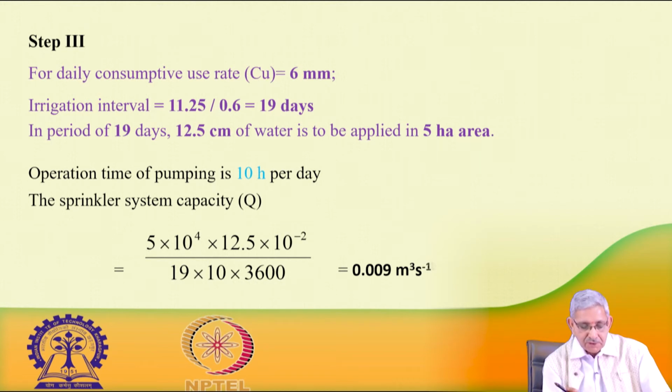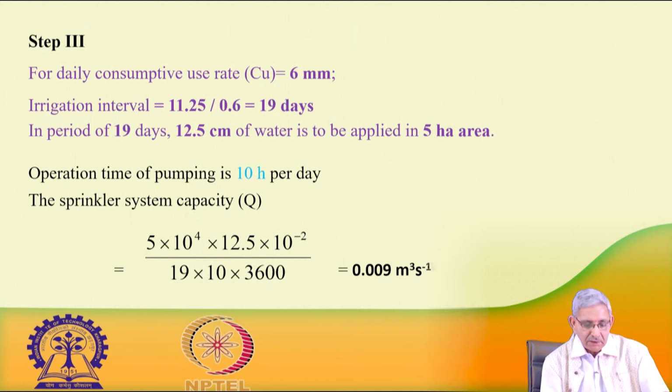So, we can work out the capacity of the system, meaning how much discharge our pump should deliver. That will be the area multiplied by the depth of irrigation divided by the number of days multiplied by the number of hours operated per day, and then we have to use appropriate units.